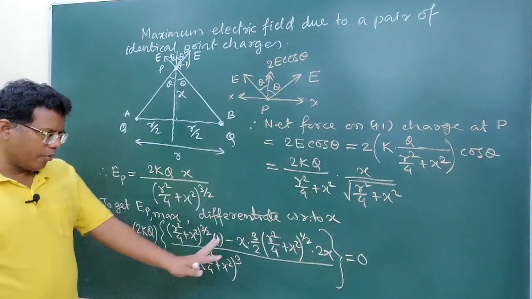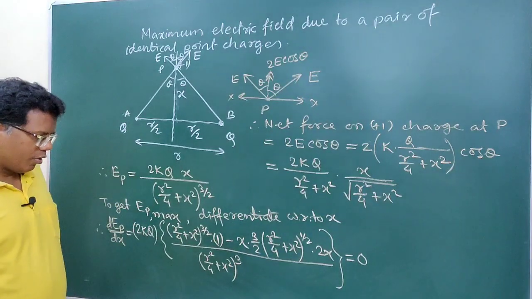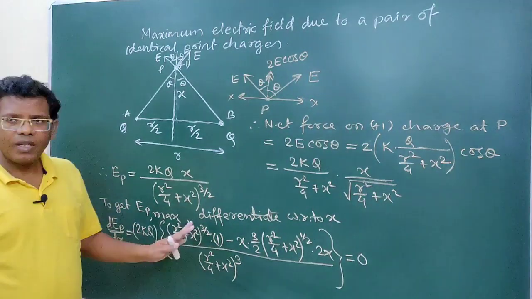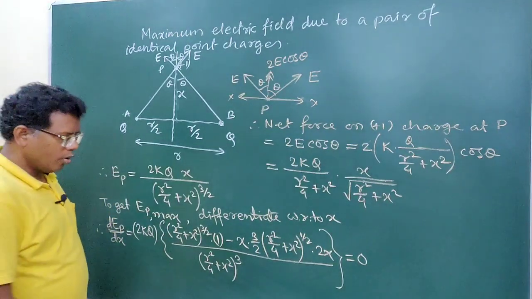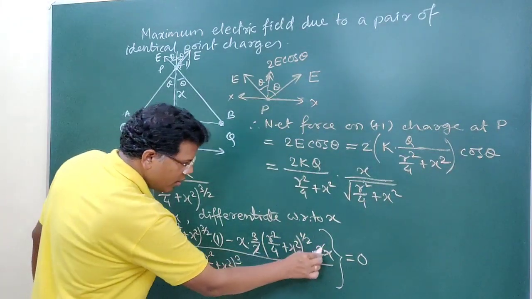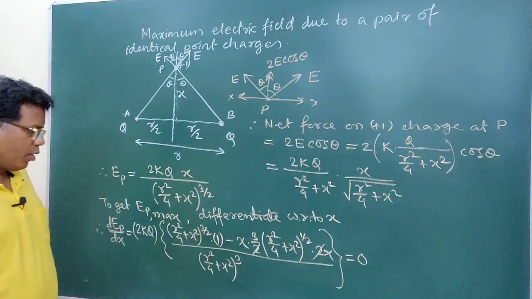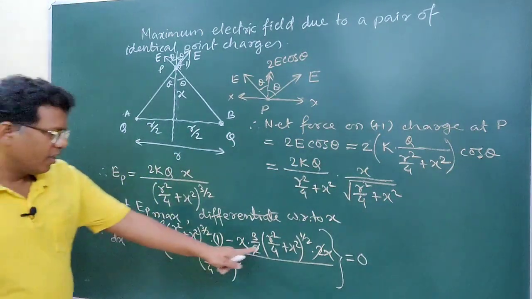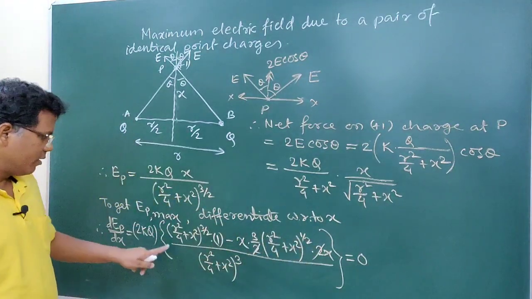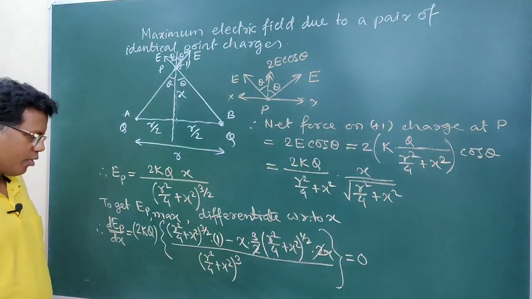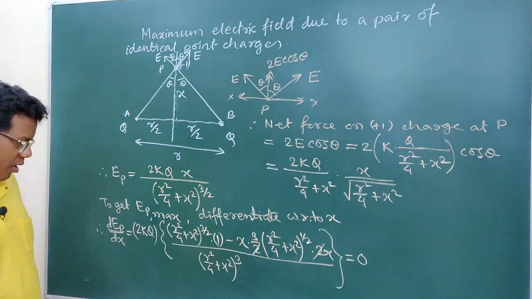So when we equate this derivative term to 0, definitely only the numerator part can be 0. To get the 0 factor from numerator, only from this part we can get the 0 possibility, because 2kq can't be 0, that is definitely the non-zero term.